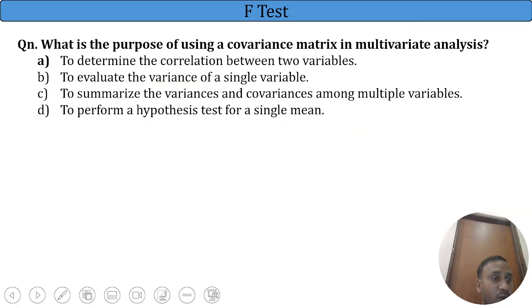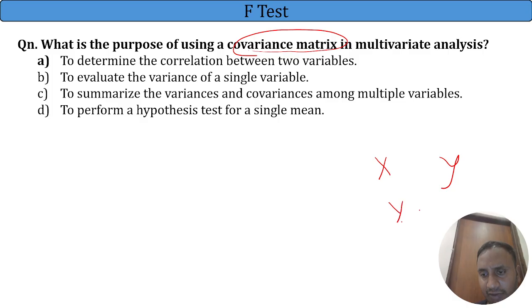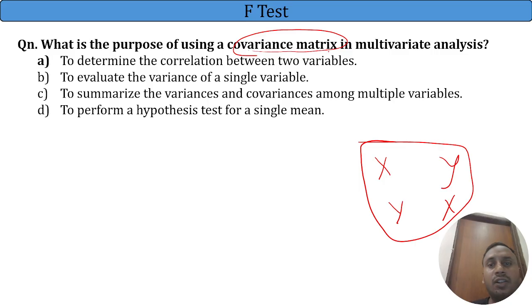Then we have one more question. What is the purpose of using a covariance matrix in a multivariate analysis? Any idea? A covariance matrix is something where we have x, y, and so on.